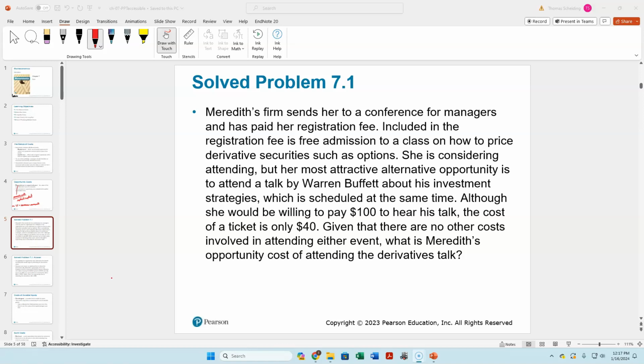Given that there are no other costs involved in attending either event, what is Meredith's opportunity cost of attending the derivatives talk? Well, for Meredith herself, her explicit costs on her side are zero.